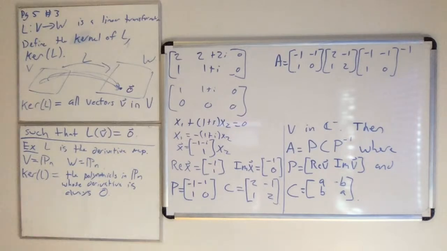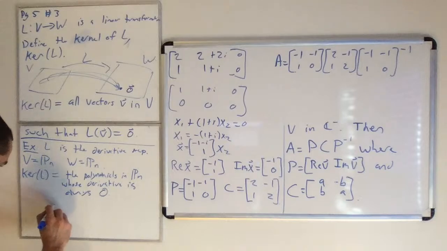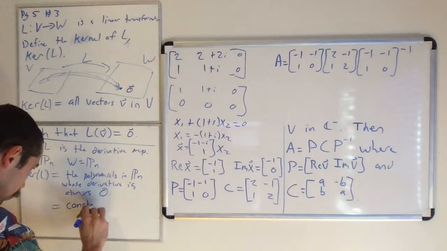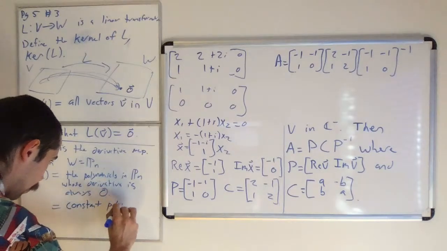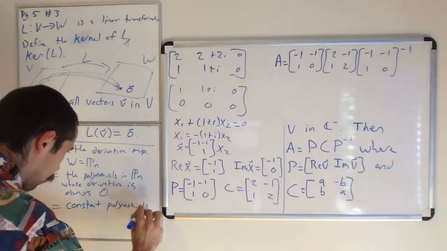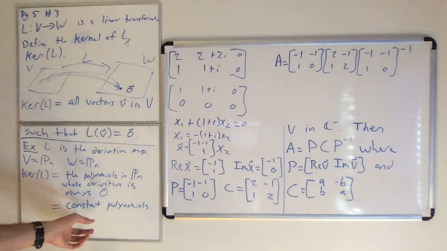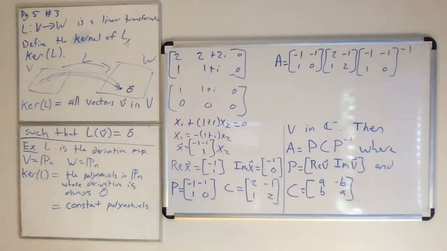You take their derivative, it gets sent to 0. It's the constants. So in this case, the constant polynomials would be the kernel of this map. That's just an example.